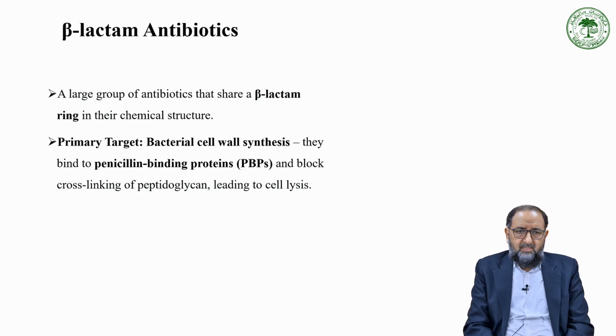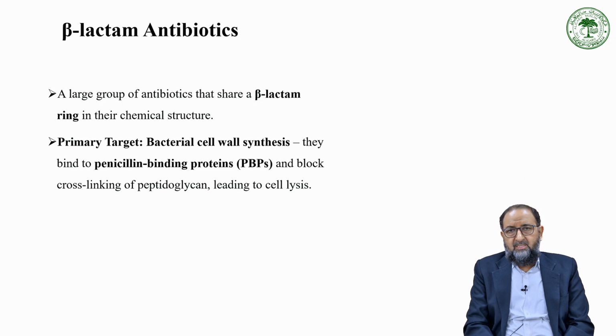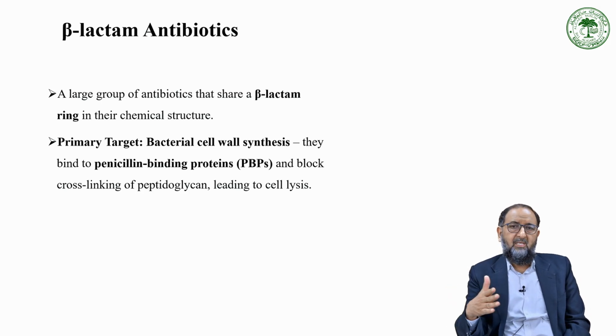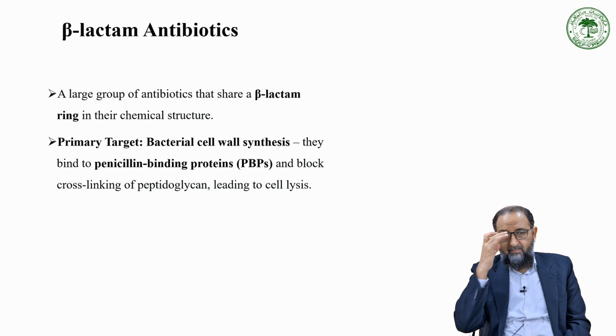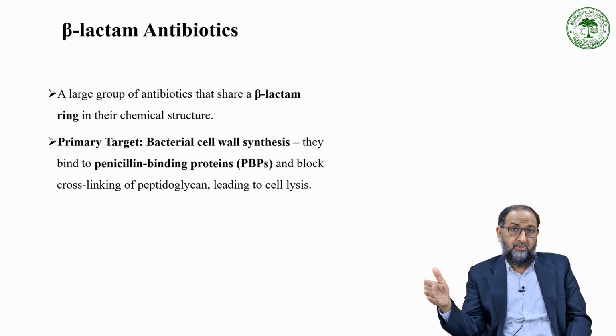Beta-lactam antibiotics are very common antibiotics, and the maximum number of antibiotics present fall under the class of beta-lactam. And beta-lactam antibiotics are of different classes, from generation 1 to 4, cefepime, and then we have certain beta-lactam inhibitors combined in association with these beta-lactam antibiotics, which we call the 4th generation of antibiotics.